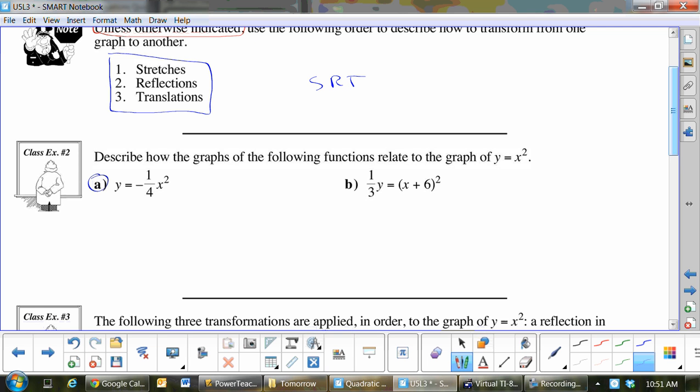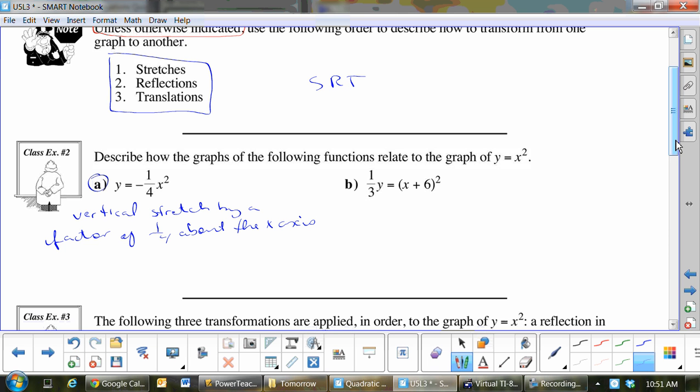So let's do that first. A vertical stretch by a factor of 1/4 about the x-axis. So everybody picturing that? A vertical stretch by a factor of 1/4 about the x-axis.